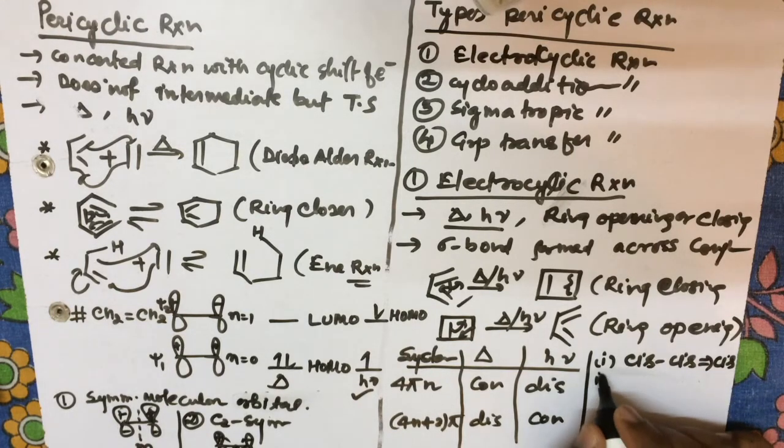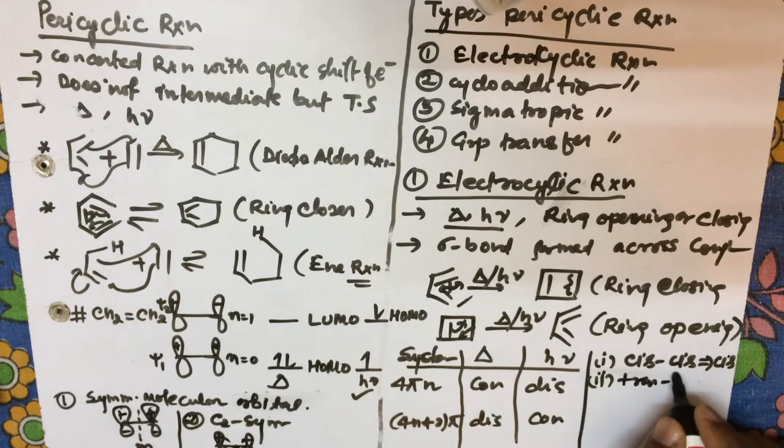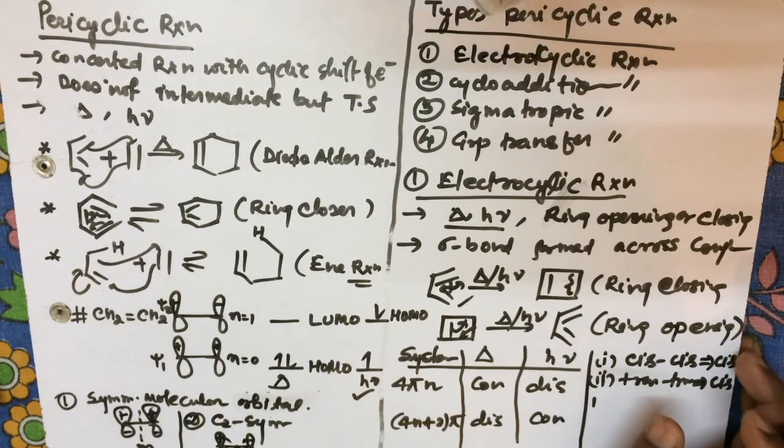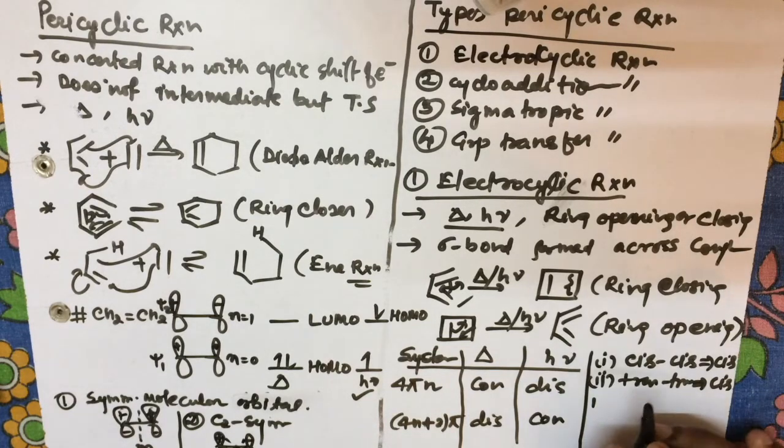Okay, if trans and trans, then overall becomes cis. Okay, I will explain in further detail later.